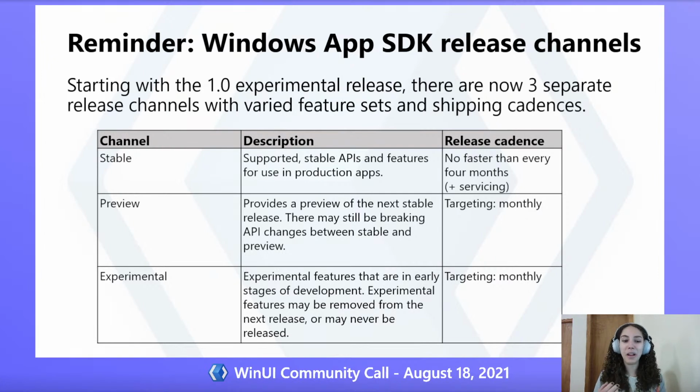And then we have a preview, which is basically just a preview of the next stable release. There may still be breaking API changes between preview and stable, but preview should be a decently stable release, not production ready, but something that's more stable than experimental. Stable, on the other hand, is completely supported production ready APIs and features. You can use them in your production apps. And this we're looking at every 4 months or so with some servicing releases in there for the stable release channel.